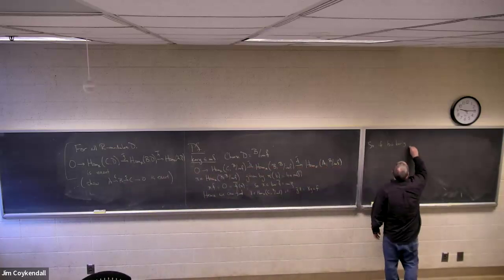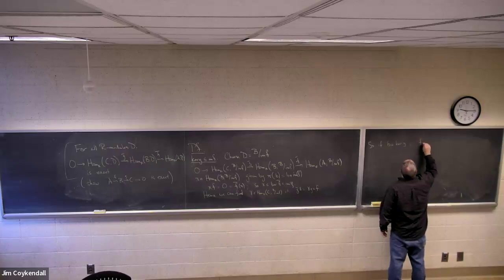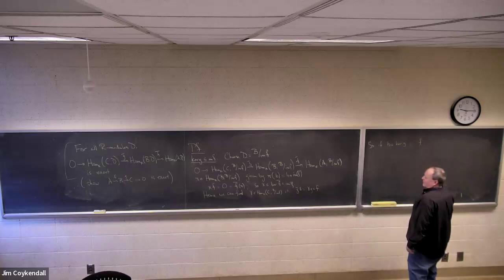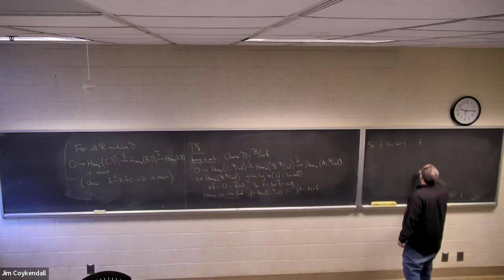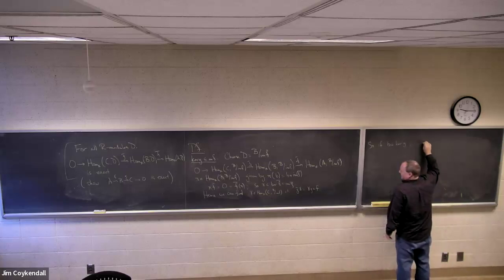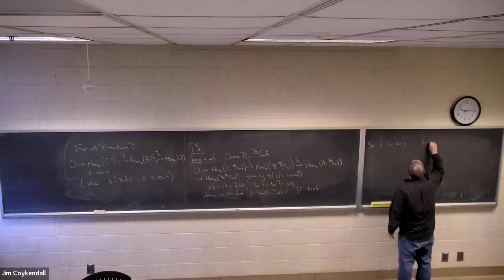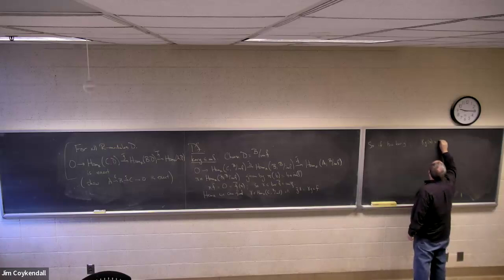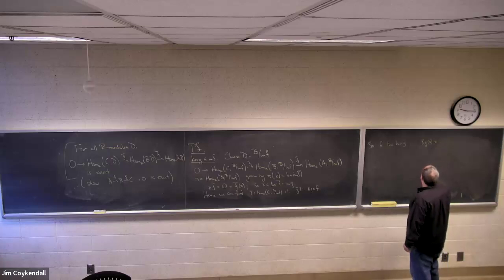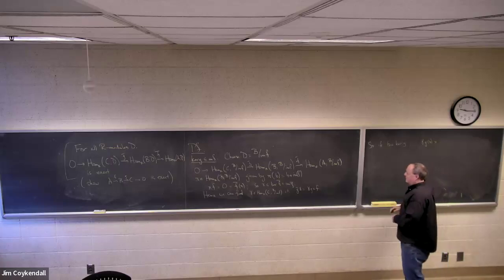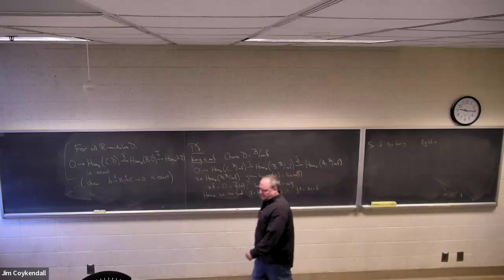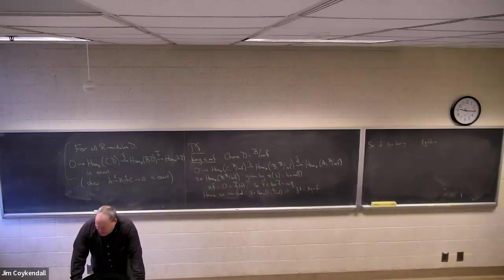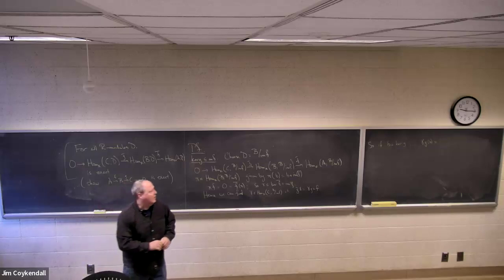Here, if B is in the kernel of G, then gamma G of B is 0.